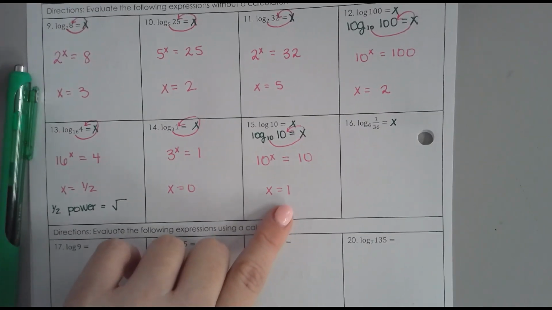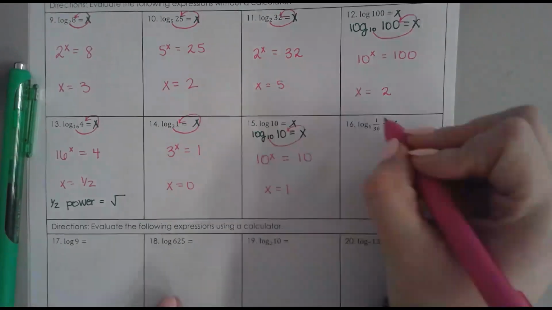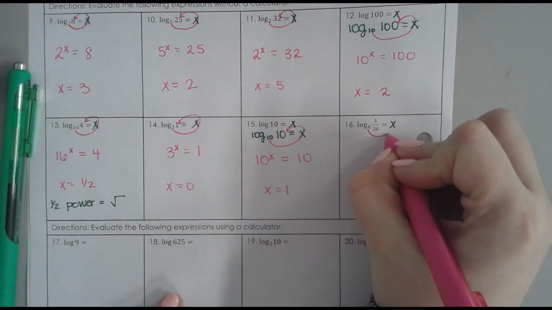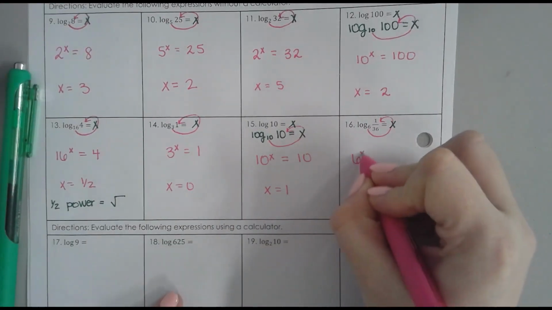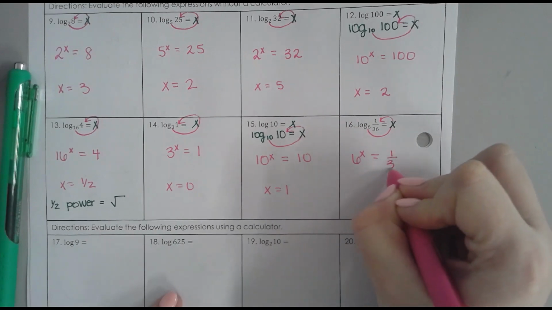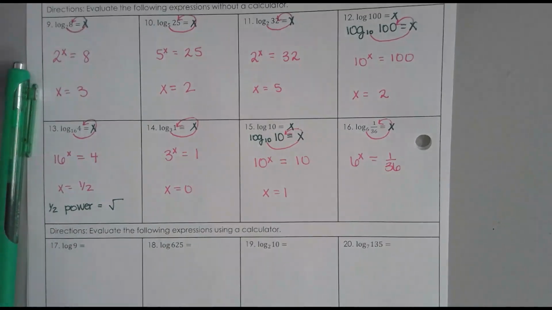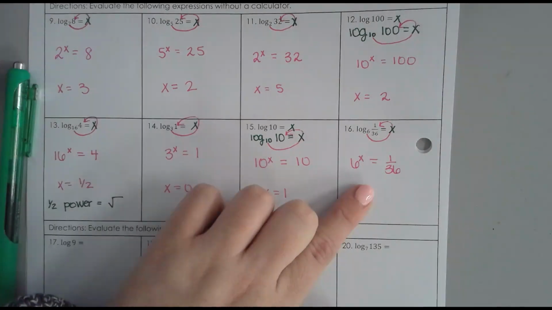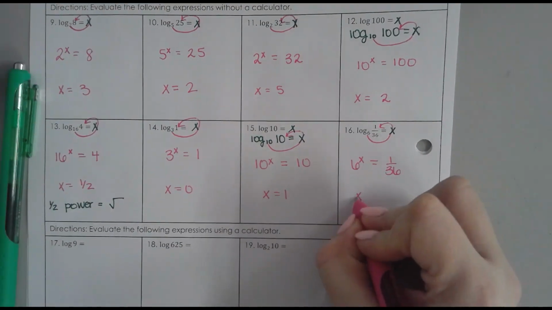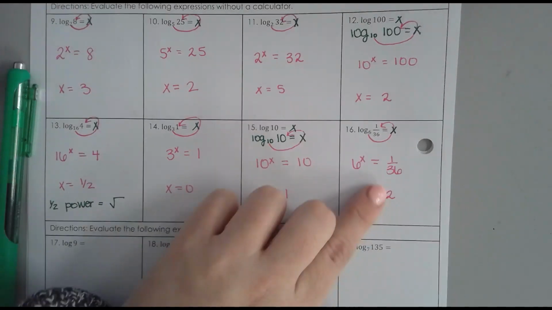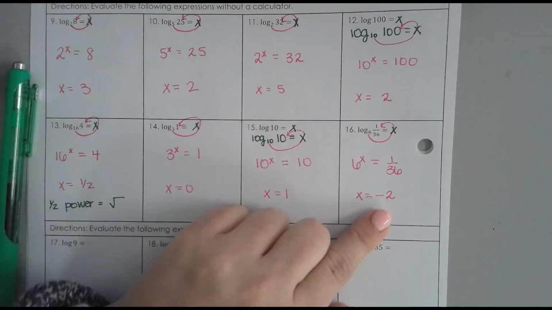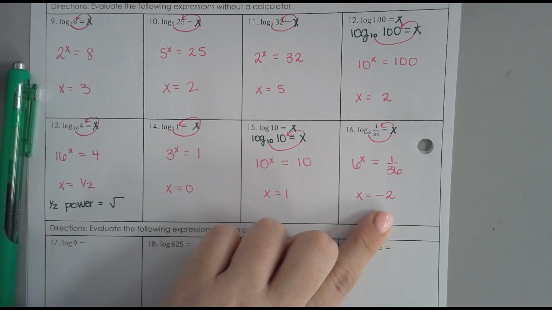And then the last one of these, 6 to the x equals 1/36. Negative 2. That moves it to the bottom.